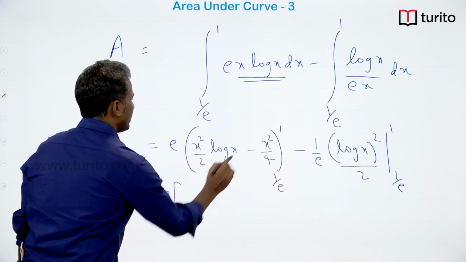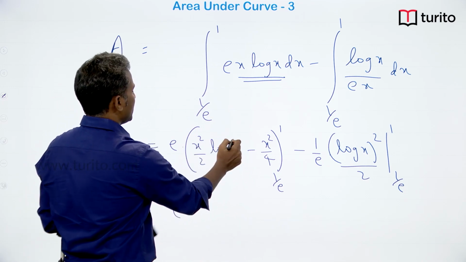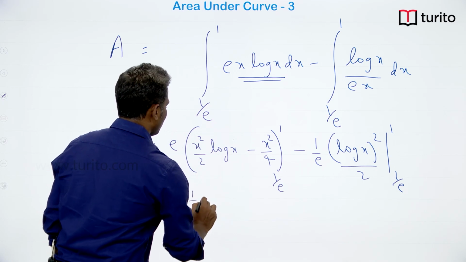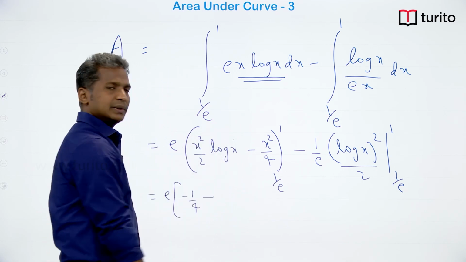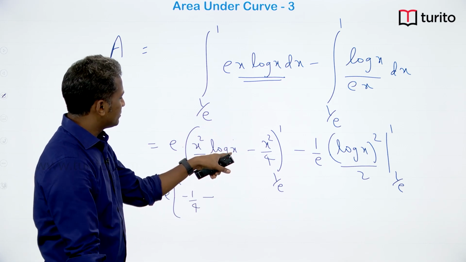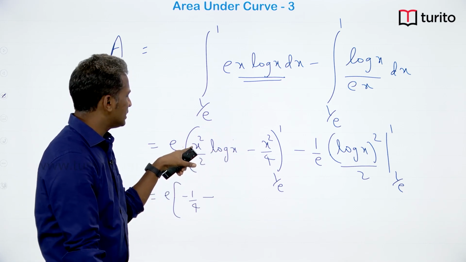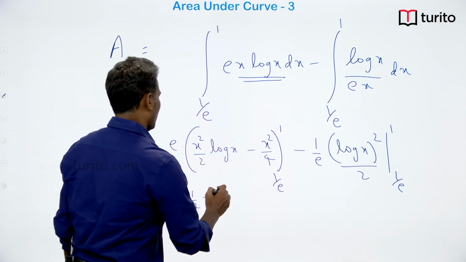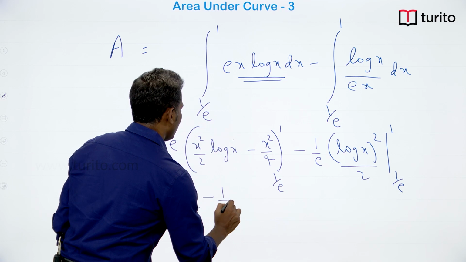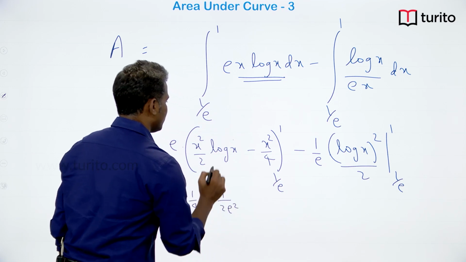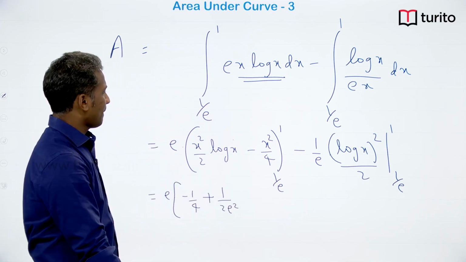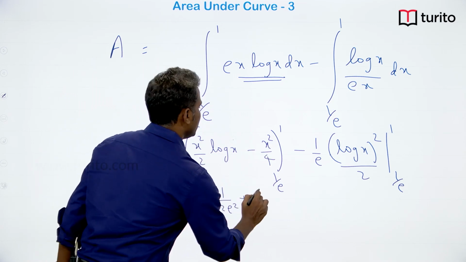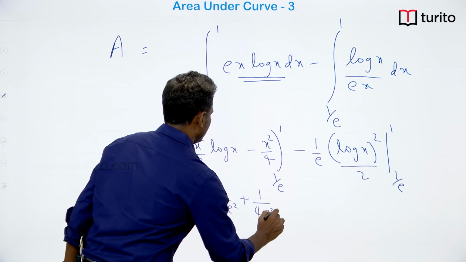When I put 1 here, this becomes 0 and this becomes minus 1 by 4, minus, when I put 1 by e, it becomes minus of 1 here and there is 1 by 2 e square. So we will get 1 by 2 e square, and because of the minus sign we put plus there. Similarly this also becomes plus, and it becomes 1 by 4 e square.